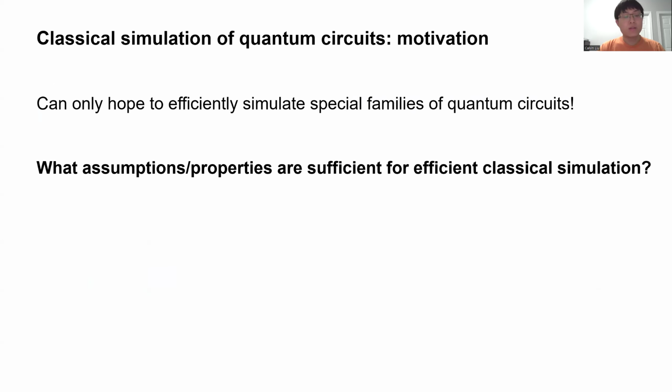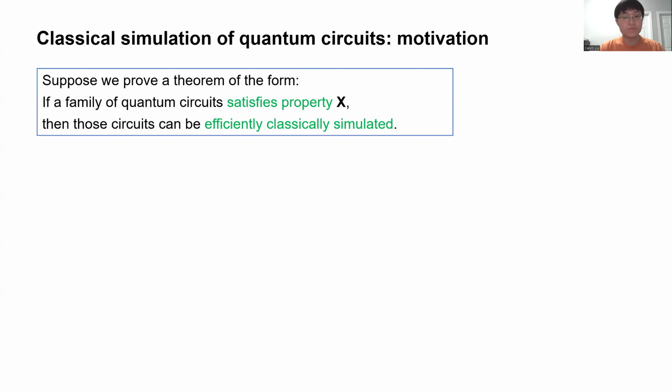Why do we care about the classical simulation of quantum circuits? It better be the case that we cannot efficiently classically simulate an arbitrary quantum circuit, right? We can only hope to efficiently simulate special families of quantum circuits which satisfy some special properties. Here, I want to convince you that it is an interesting question to ask which properties are sufficient for admitting efficient classical simulation, for at least 2 reasons.